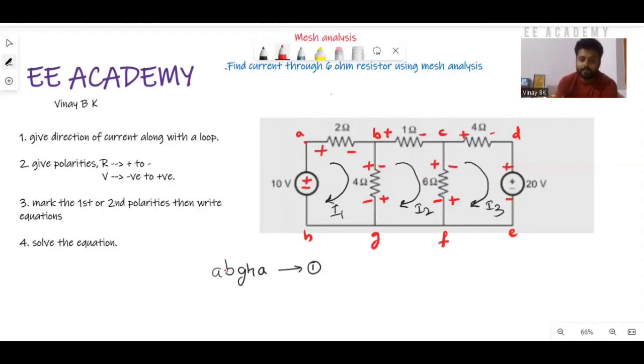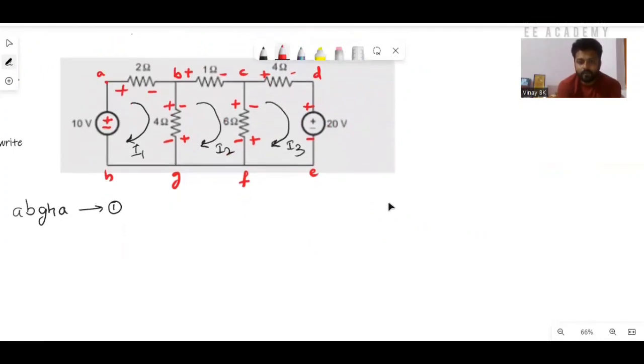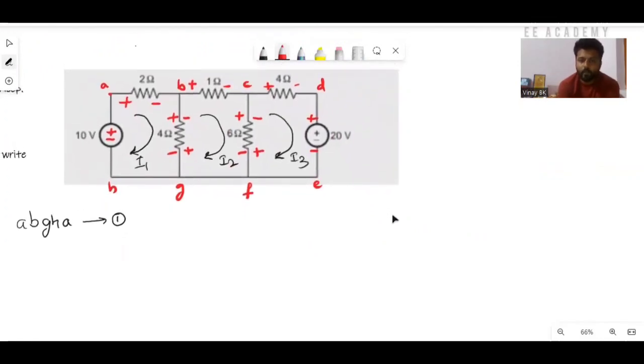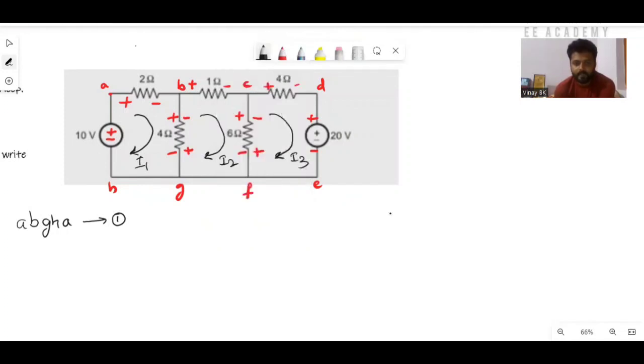So now I will consider loop 1. You can see loop 1 is nothing but A, B, G, H, A. Apply KVL to this loop.